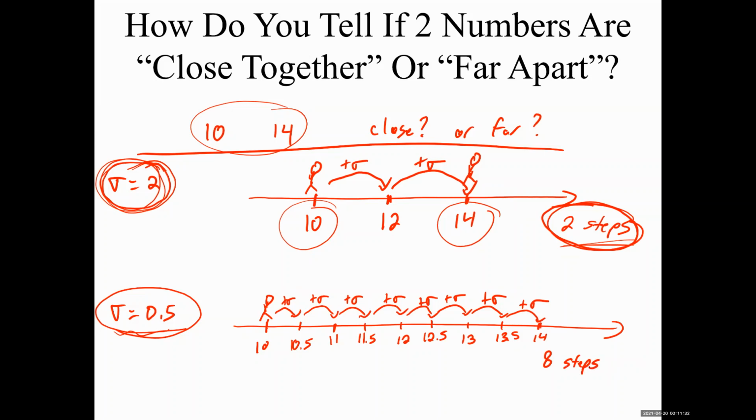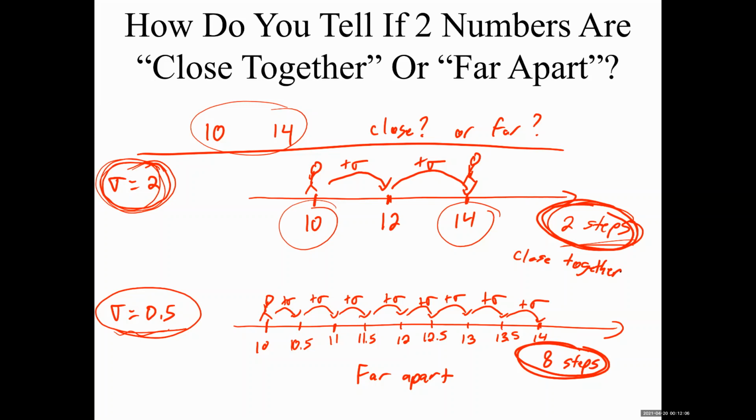So when the numbers are 8 steps apart, are they close together or far apart? Further apart than the other one. Right. Well, we're just going to say they're far apart in general. Far apart. If this is more than 3, far apart. If the numbers are less than 3 steps apart, they're close together. So in a stats class, that's how we tell if numbers are close together or far apart. It depends on the standard deviation of the numbers in the bag.